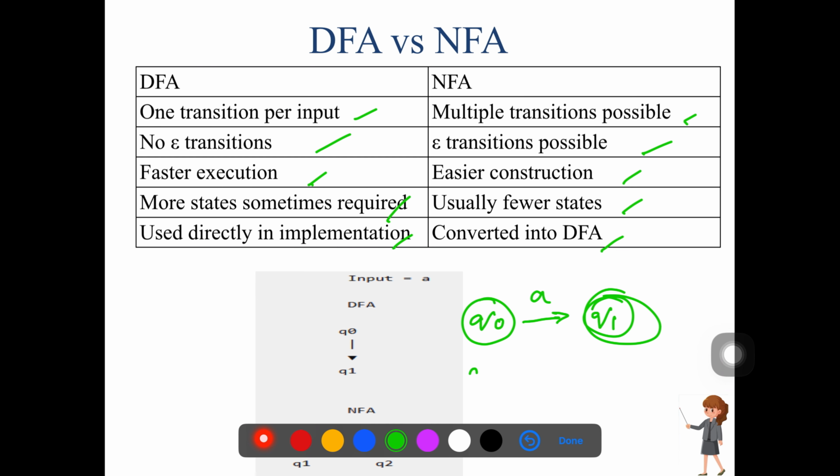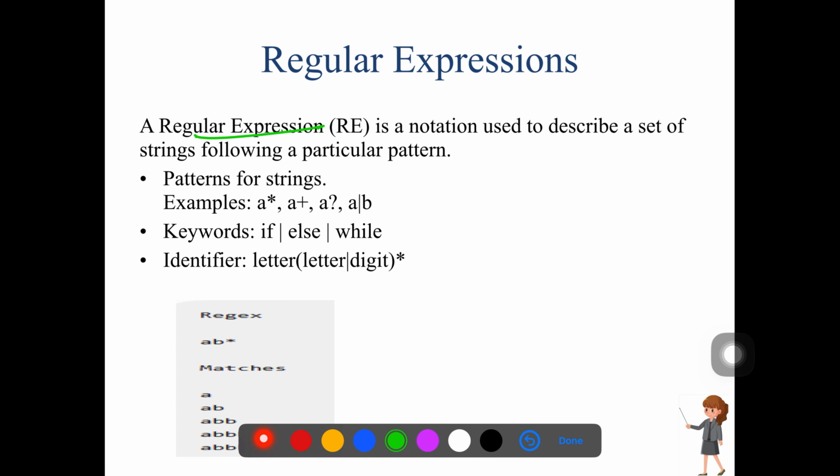Regular expression. What is the regular expression? A regular expression is a pattern description used to represent a set of strings. It provides a single way to define the structure of tokens. In compiler design, regular expressions are mainly used in lexical analysis to specify the tokens.